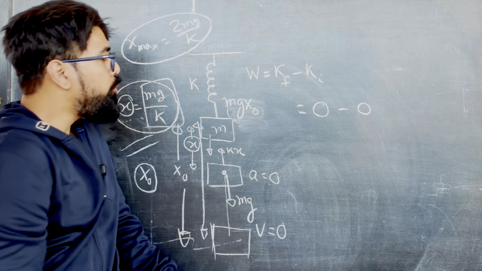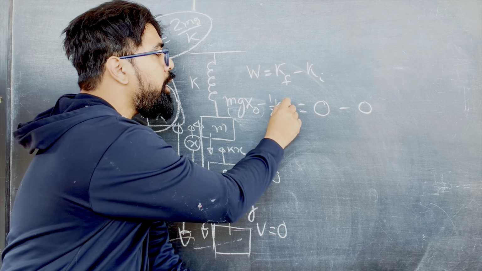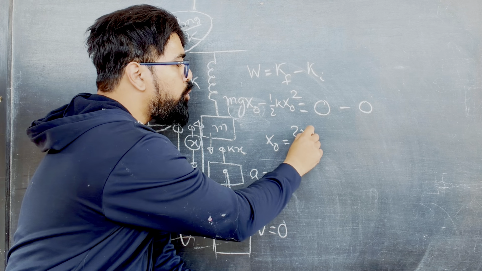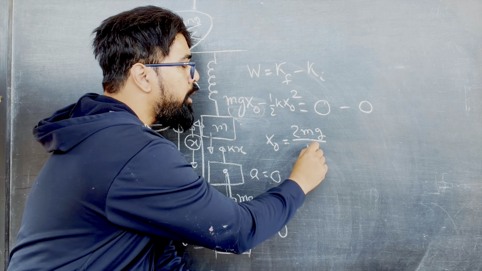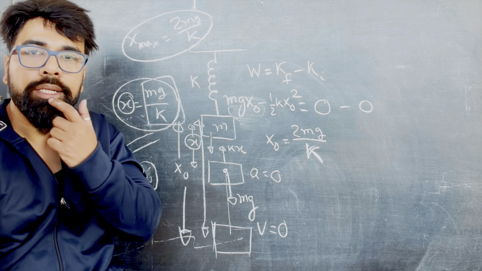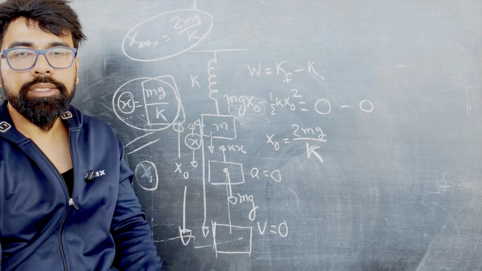And the work done by the spring? The spring always does negative work because the displacement and the force are in opposite directions, so it is minus half k x naught squared. Solving this, you get x naught as 2 mg divided by k. So this is the maximum elongation of the spring. I hope you really liked the solution.